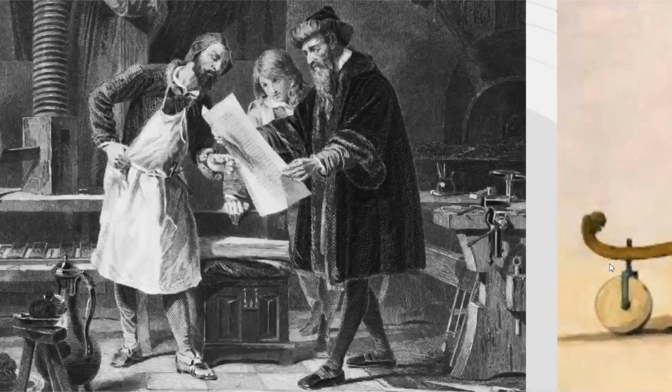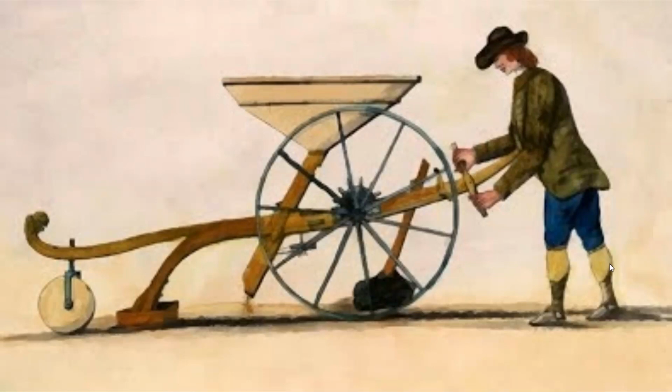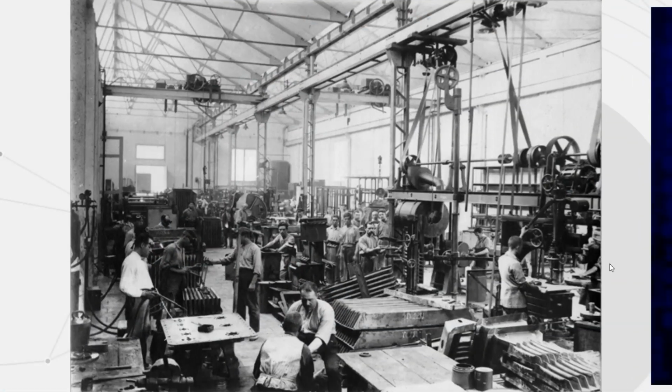Thanks to that, a lot of years later, we had the agricultural revolution. A lot of people had access to plans and diagrams on how to build tools that made agriculture easier. That agricultural revolution led some years later to the invention of the steam machine and also to the migration of a lot of people to the cities.